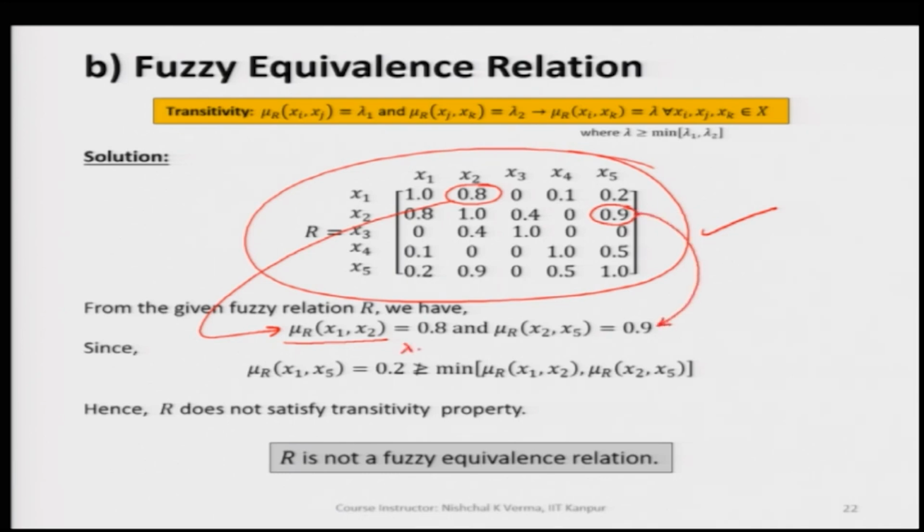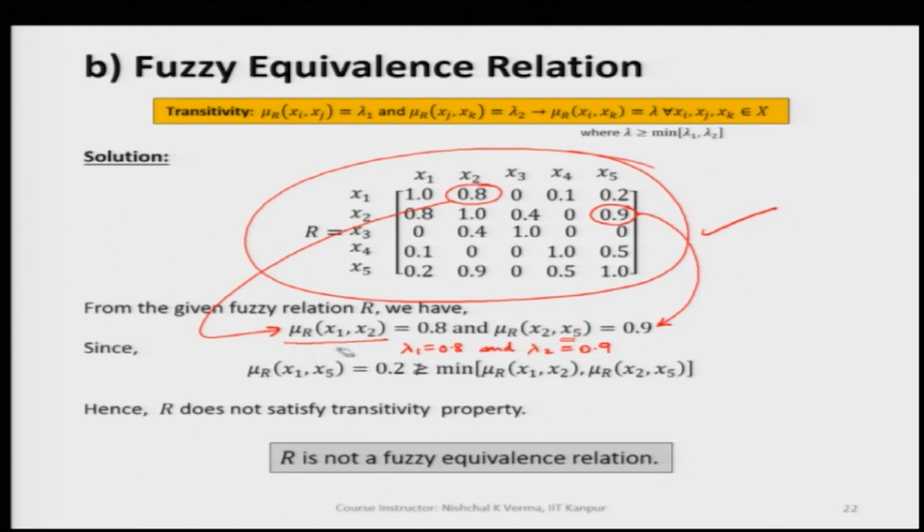So, this means we have lambda 1 is equal to 0.8 in this case and lambda 2 is equal to 0.9. Now, we take mu R of x1, coming from here, and x5, coming from here.